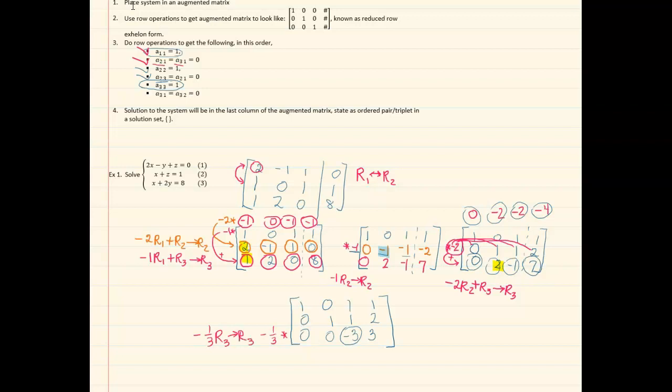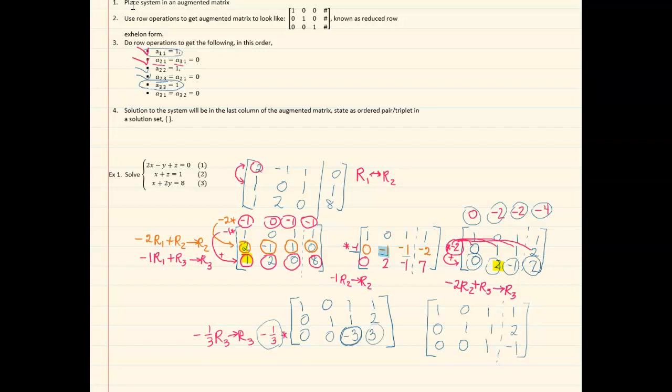And to do that, we still keep our first row, our second row, and our third row will become negative 1/3 times 0 is 0. Negative 1/3 times a negative 3 will equal a positive 1. And a negative 1/3 times 3 is going to give me a negative 1.